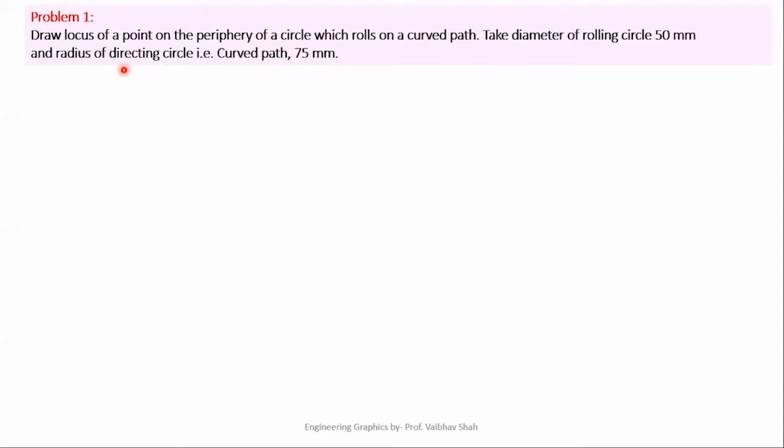Always remember, directing circle is a larger diameter circle. That's why we'll be using capital D and capital R to represent this directing circle. So here radius is given, that means we'll be using capital R is equal to 75 mm. So we have two data: first, small r is equal to rolling circle radius 25 mm, and capital R, the directing circle radius 75 mm.